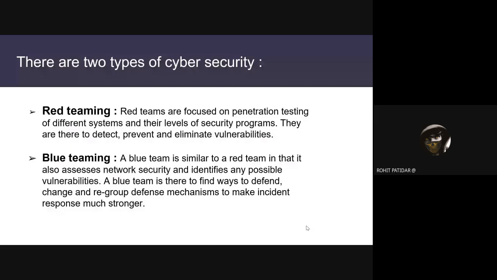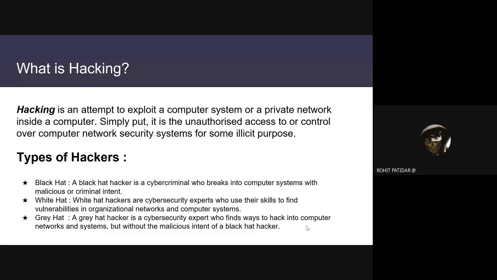So in the next slide, I'll be explaining hacking. What is hacking? Basically, hacking is trying to exploit a computer system or a network by exploiting a vulnerability and gaining unauthorized access for some malicious purpose, or some wrong or illegal intentions. There are various types of hackers, such as black hat, white hat, and gray hat.